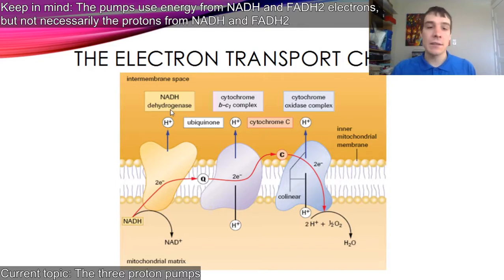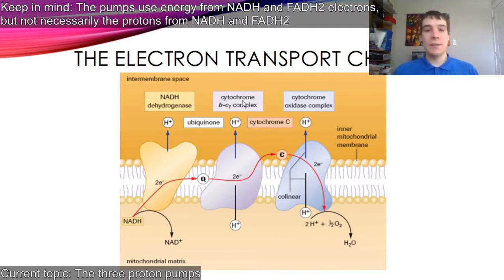Sometimes you'll see it called NADH oxidase because it's also oxidizing the NADH. Oxidation and dehydrogenation are a very similar concept in chemistry. So this is pulling hydrogens away from NADH. This one's called the cytochrome BC1 complex, and this one's called the cytochrome oxidase complex.